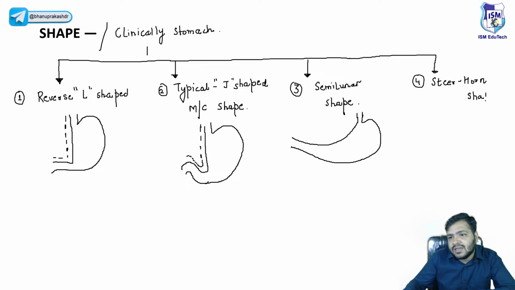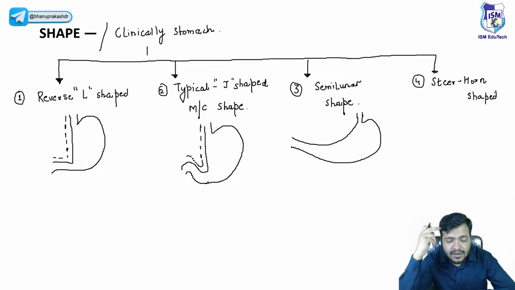Now, when I say steer horn shaped, beta, you have seen cows and buffaloes, right? They have long horns with tapering ends.